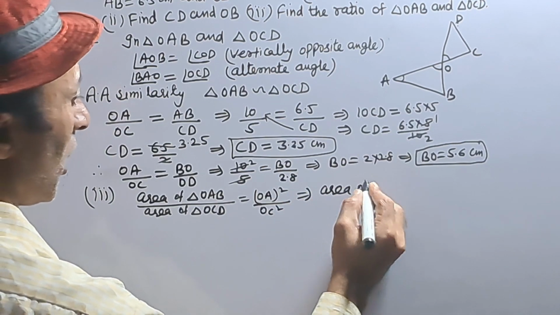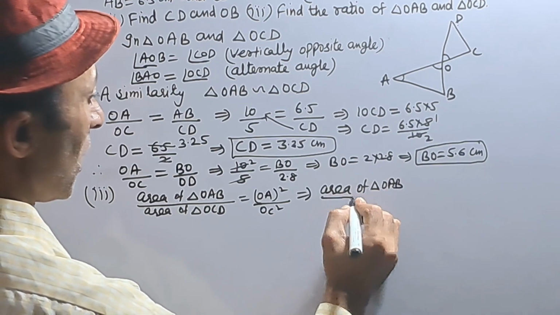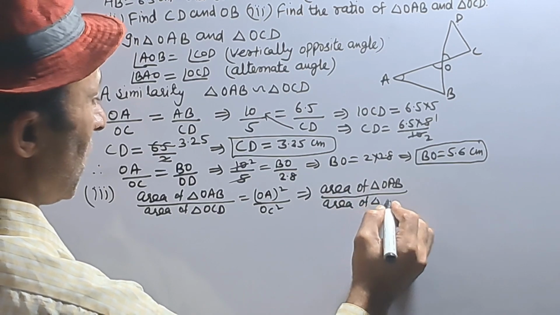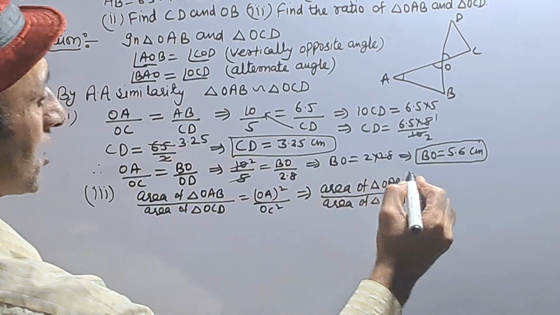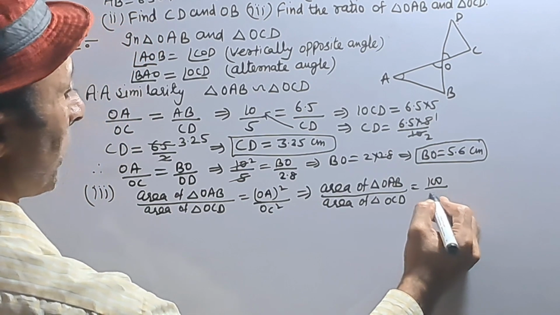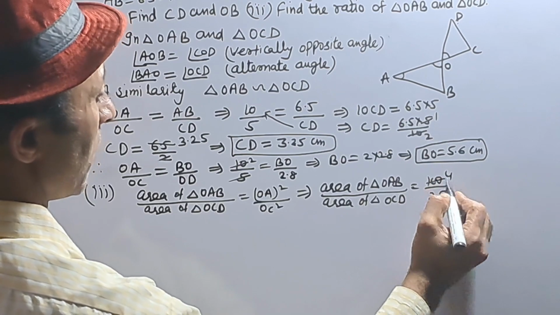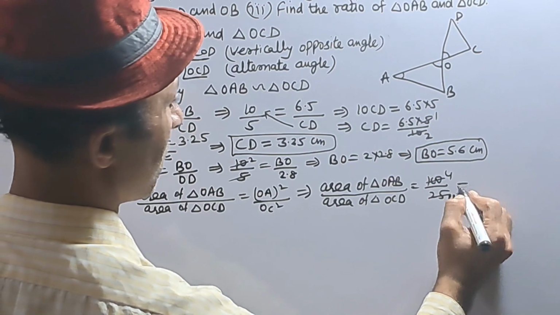Which implies area of triangle OAB upon area of triangle OCD is equal to 10 square, that is 100 upon 5 5s are 25, which is divisible by 4. 25 fours are 100 and 25 ones are 25.